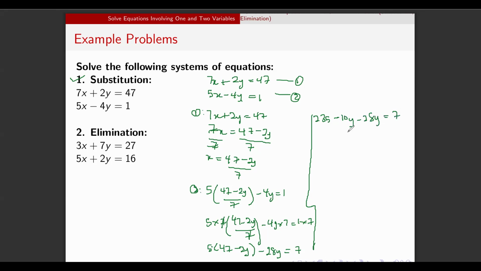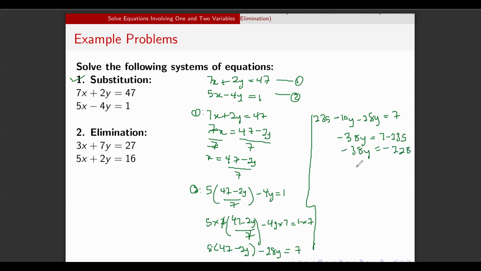Minus 10y minus 28y simplifies to minus 38y. And then 235 will go and join the 7 to become 7 minus 235. 7 minus 235 is minus 228. So I have here minus 38y equals minus 228.